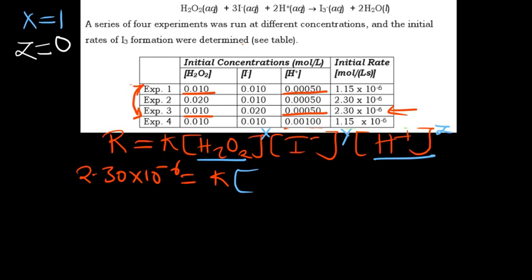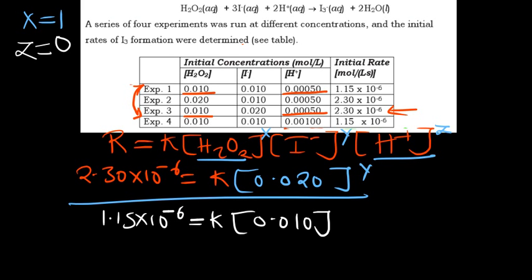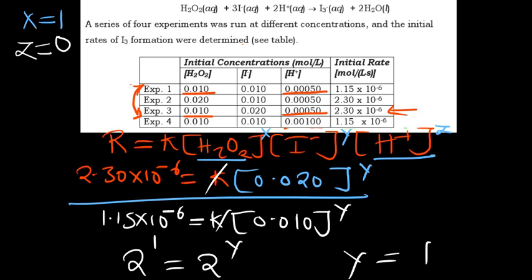So just go for the iodine, which was 0.020 raised to the power y over the other one, which was 1.15, is equal to k, and then of course 0.010 to the power y. K will cancel. That will give us a 2 to the power y. So y is also a 1.